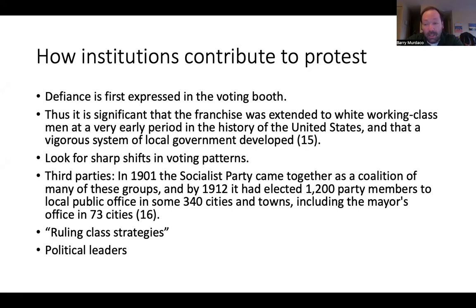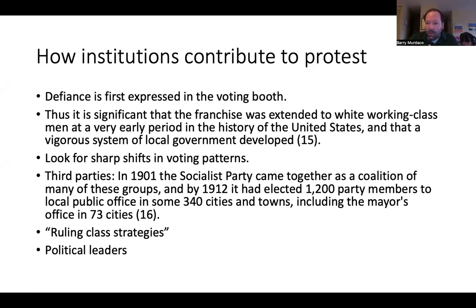They give, I think, an interesting hint here. They say look for large shifts in voting patterns as an indication that the political system is starting to break down. When you see groups of people rapidly shifting from one election to another.